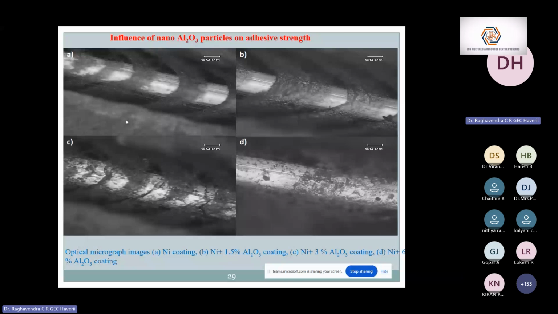Higher adhesive strength always restricts the movement of the load that has been externally applied. That makes the material resist the scratch, which indicates that it has good adhesive strength with the substrate material.